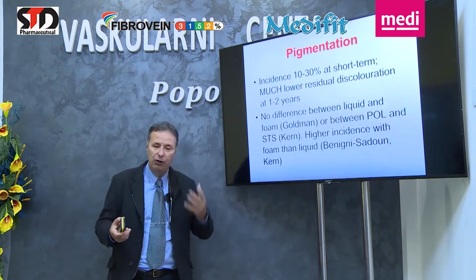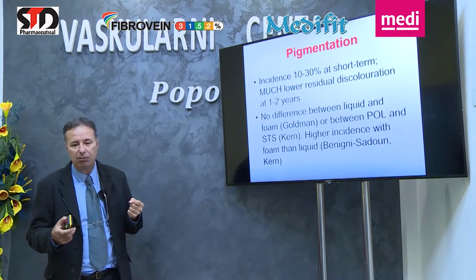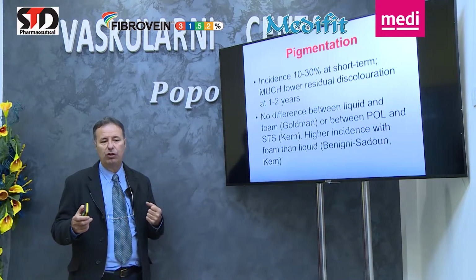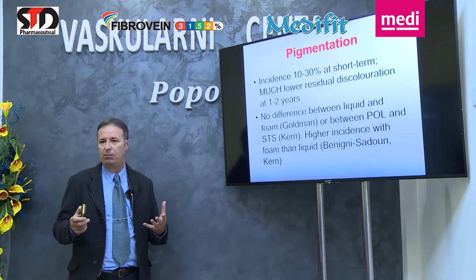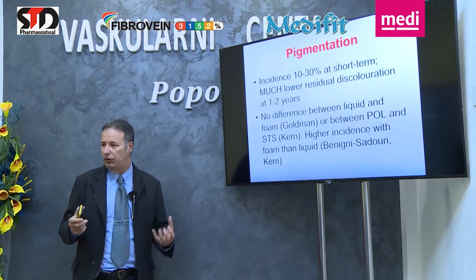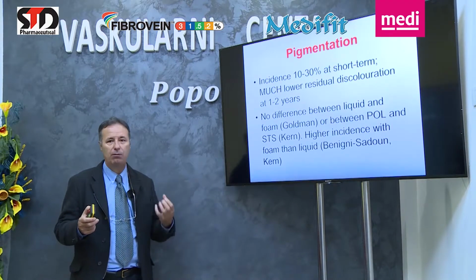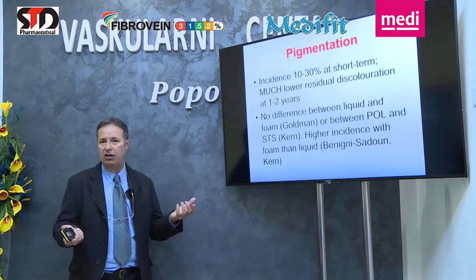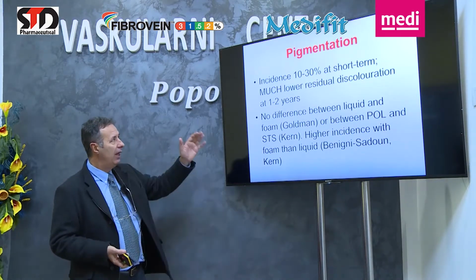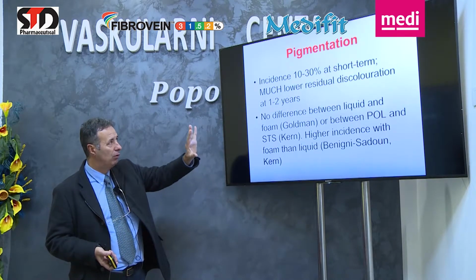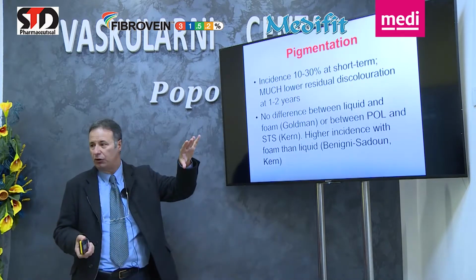Because foam, unfortunately, can give you a little bit more pigmentation when you do not remove blood sufficiently, because the problem of pigmentation is clot retention. The more the patient had clots in the veins, the higher the incidence of pigmentation. Again, the incidence we don't know, we should say between 10 and 30%.